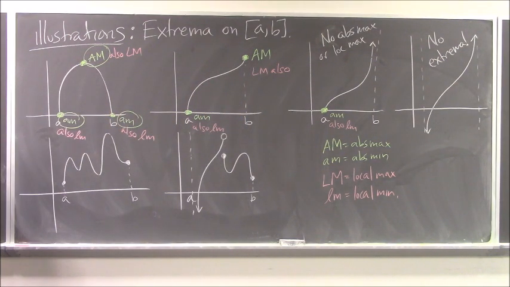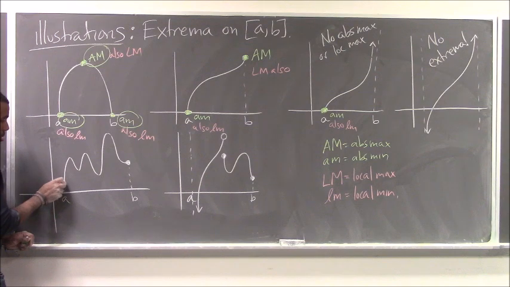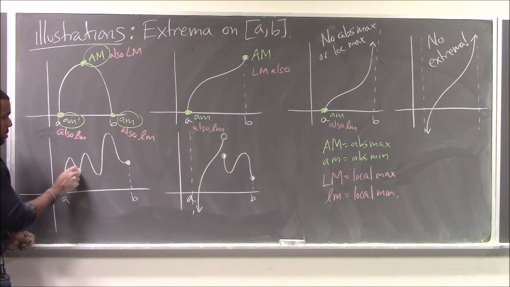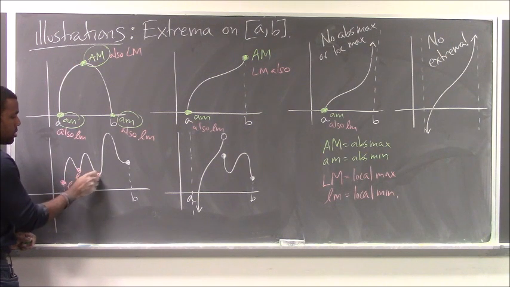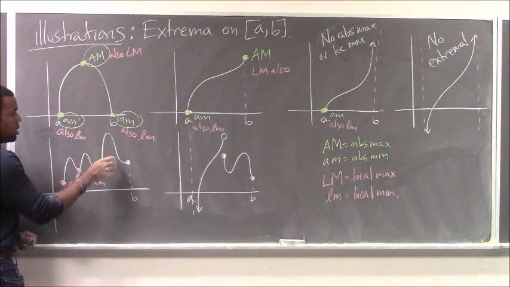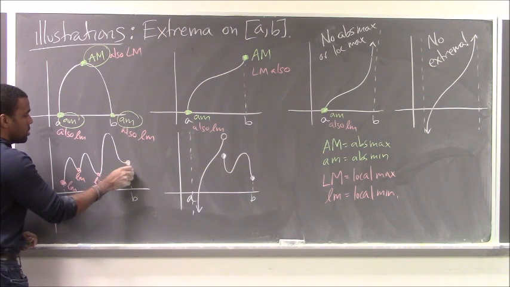If you look at this one down here, you will notice that we have local minimums here, here, here, and here.